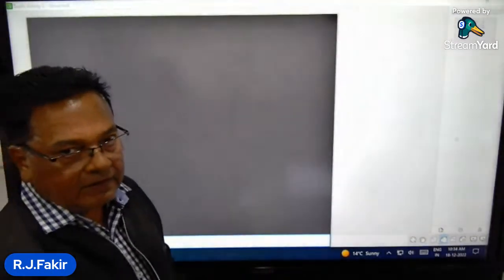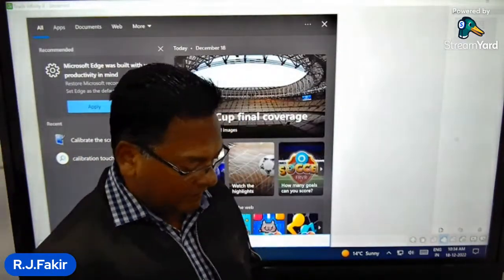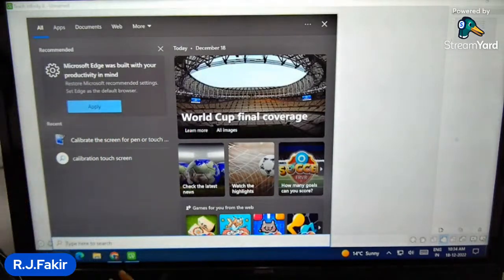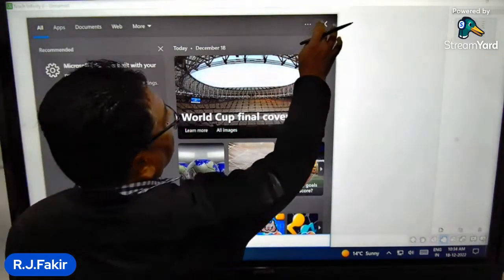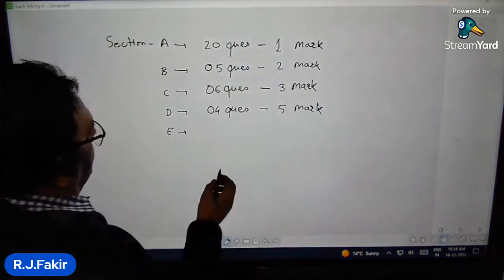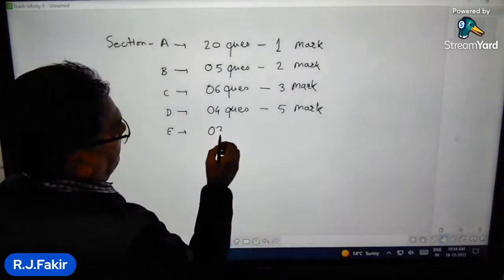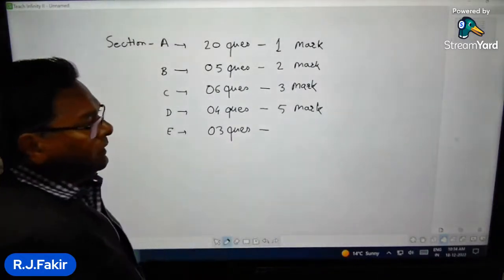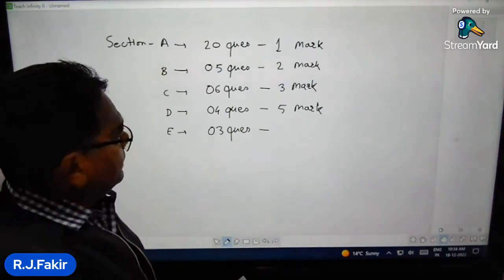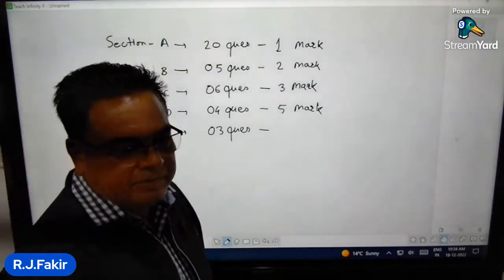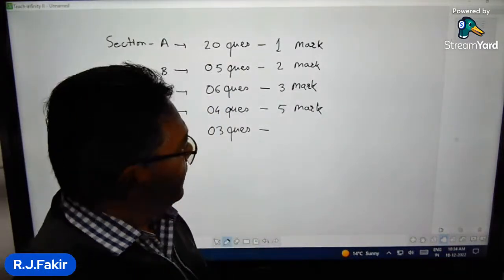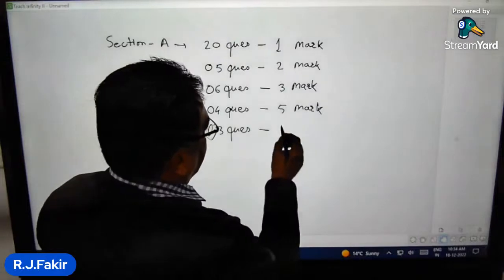And finally, section E will have 3 questions. Section E will be case based type of questions and they will be 4 marks each.